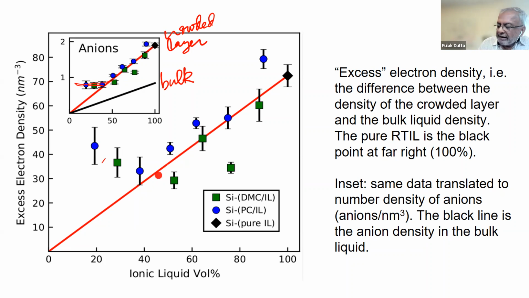But this line here confirms that that's a reasonable assumption. And then we can calculate the number of anions. It's about twice that in the bulk. But because the anions are so small, they really could have been 100% and have a very large amount of charge, but they don't do that. There's always some cations mixed in.